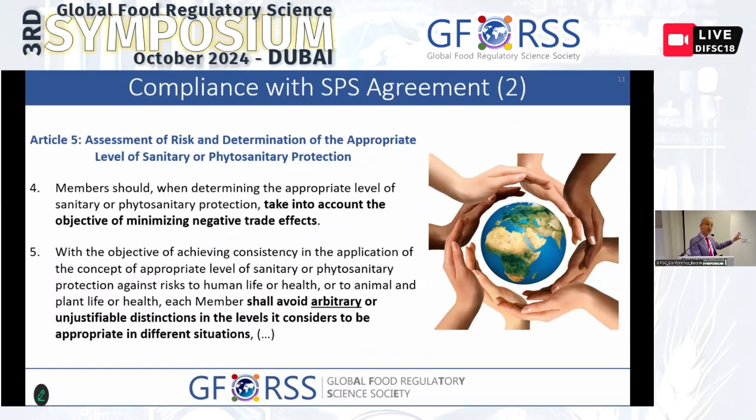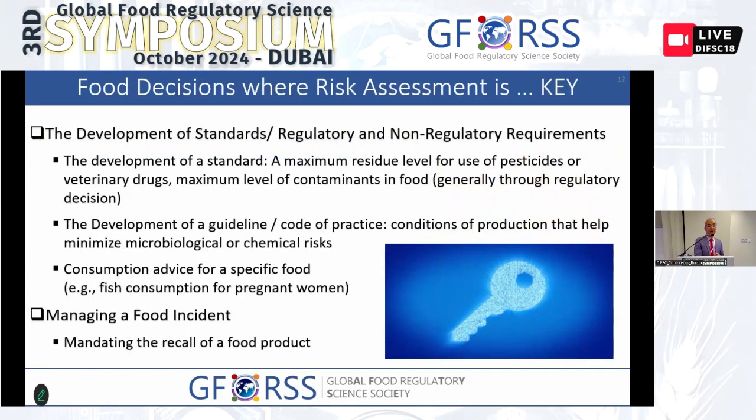It also directs regulators on the way they will be selecting the risk management approaches and then applying these risk management approaches, mainly with the attempt to minimize impediments to trade and by ensuring that their decisions are not arbitrary and are not discriminatory. They're not discriminatory, meaning that they do not make a distinction between something that is made domestically versus something that is being imported from another country.